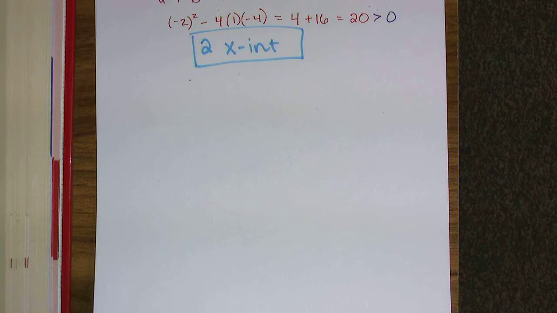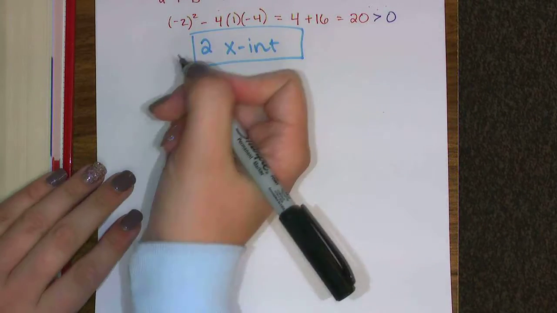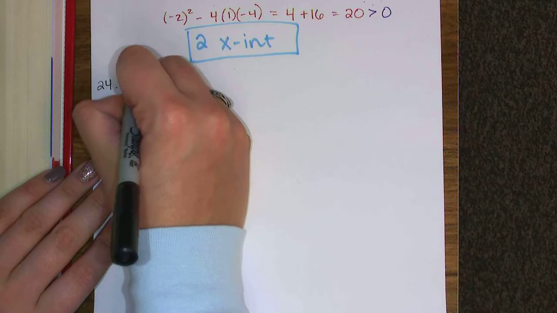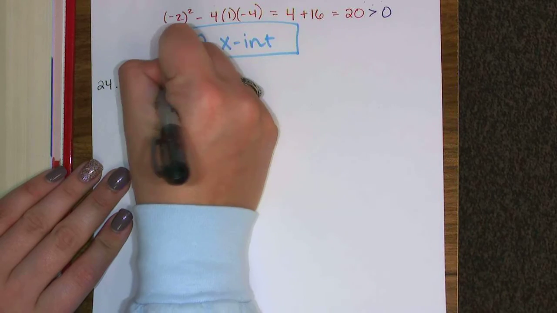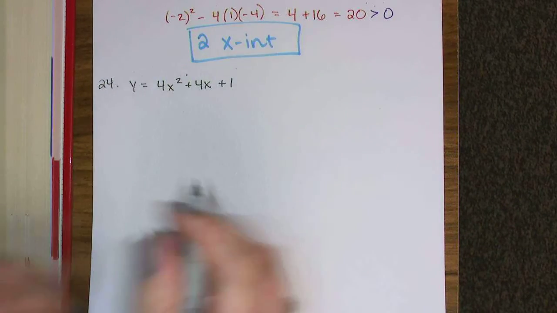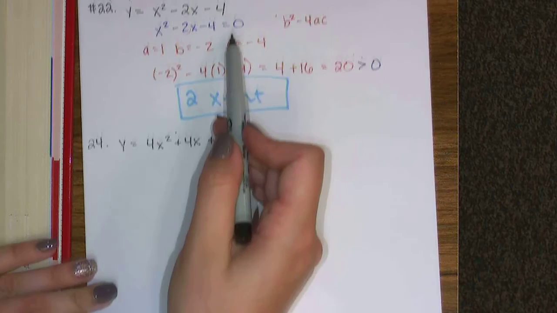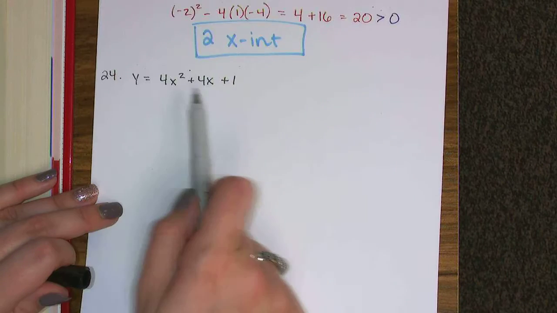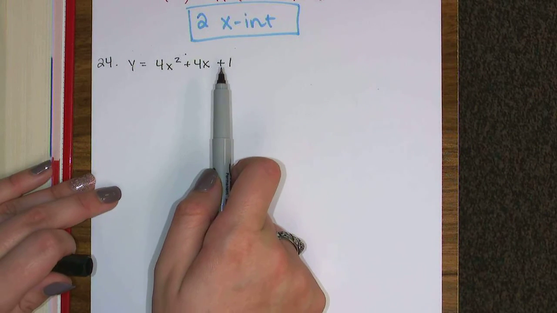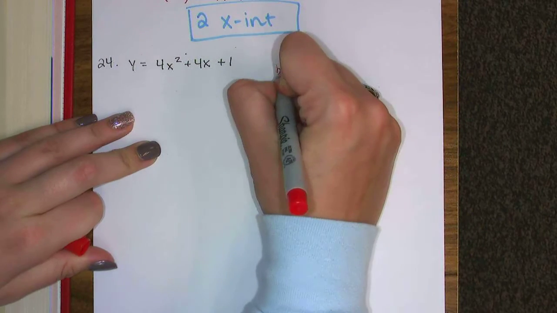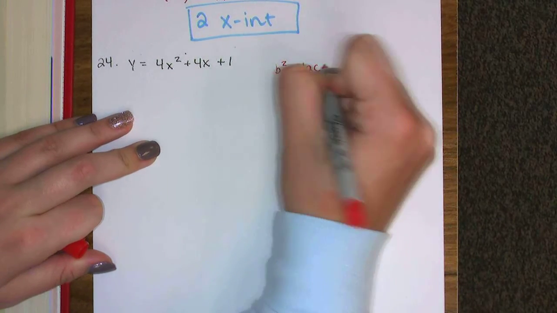All right, and then 24. y equals 4x squared plus 4x plus 1. This time I'm not going to rewrite it like I did in blue. I'm just going to leave it like this. Remember, we're ultimately looking for b squared minus 4ac.